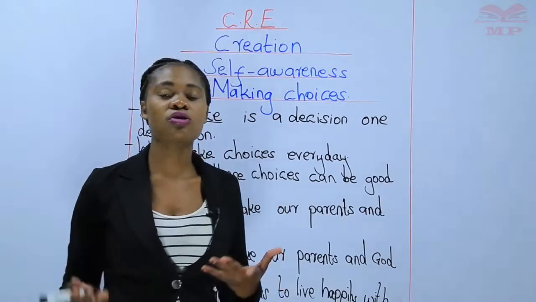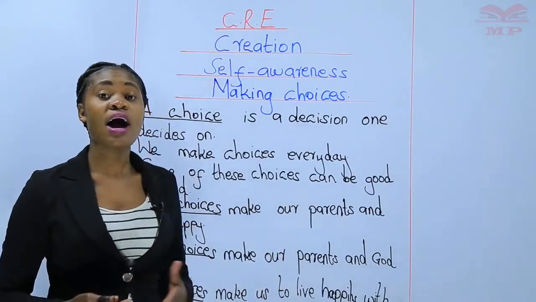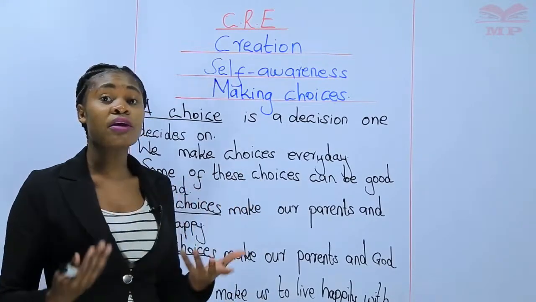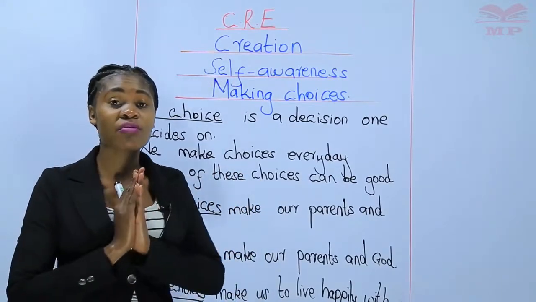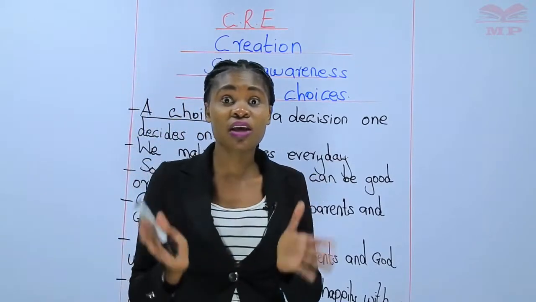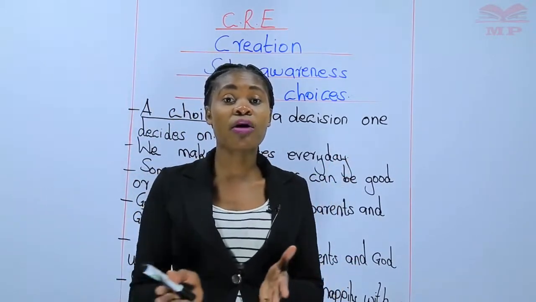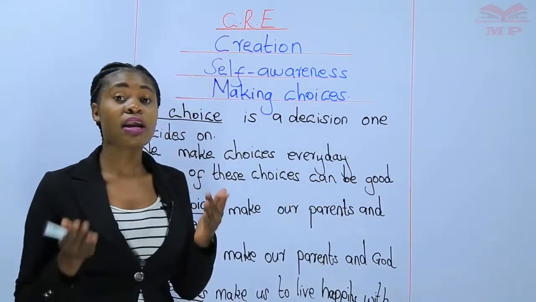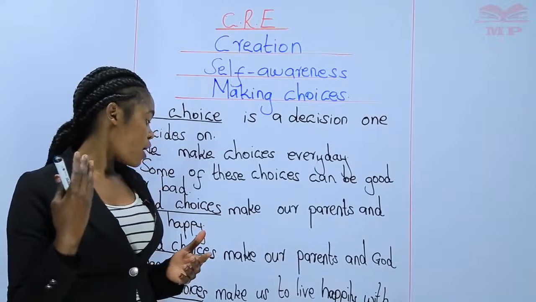Living happily means you are not getting into fights. You are not arguing about anything. Your parent is always happy. And remember, when our parents are happy with us, they will buy you gifts. If you wanted a ball, your parent will buy for you a ball. If you wanted a doll, your parent will also buy for you a doll.